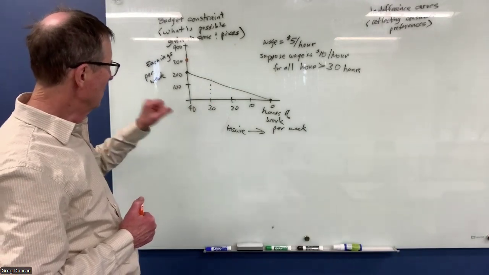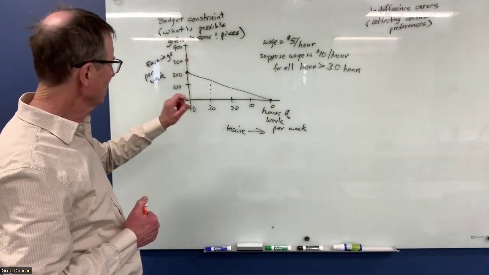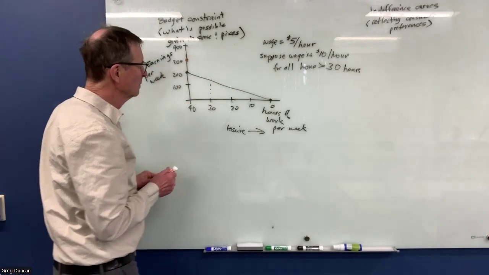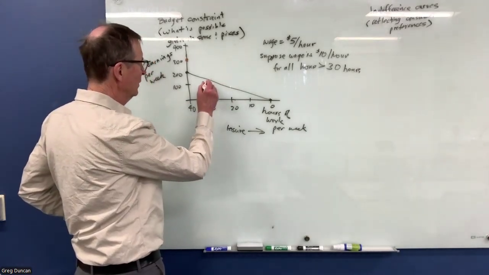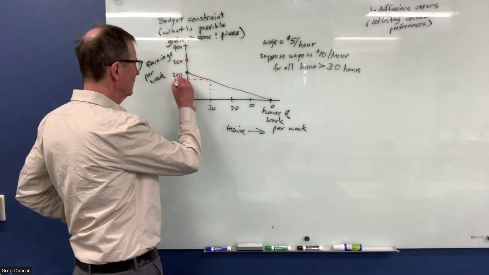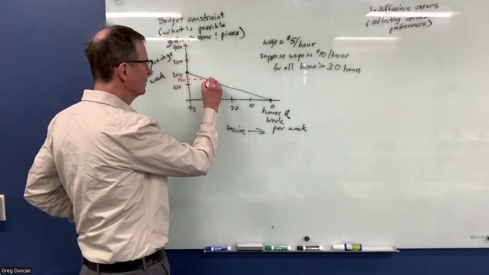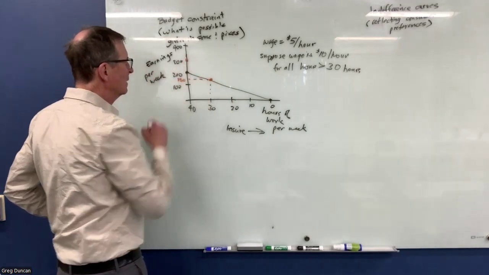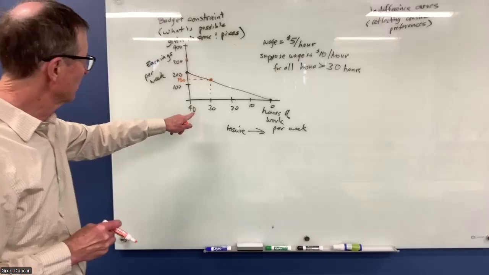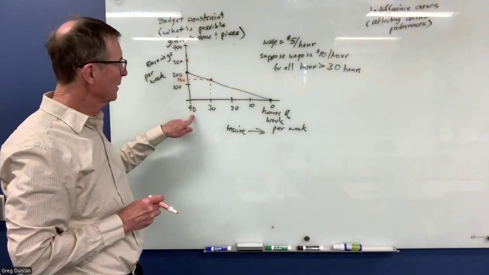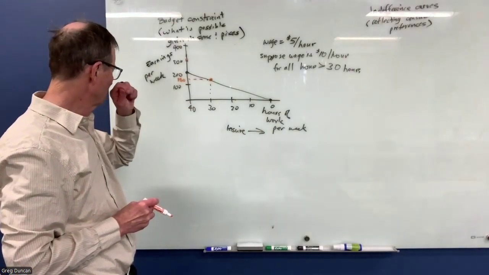And how is it going to change? Well, at 30, we're making 30 times 5 or $150. And if we go from 30 to 40, we're going to be making $10 per hour.